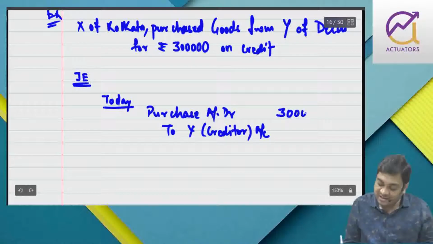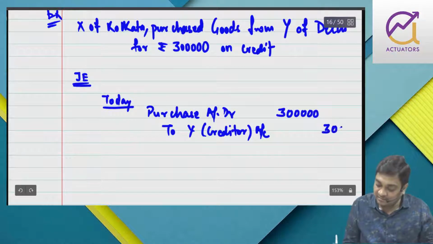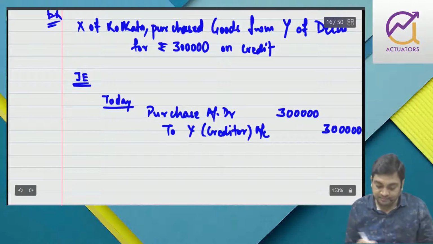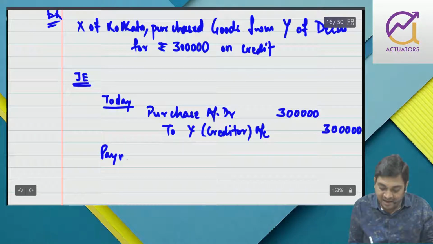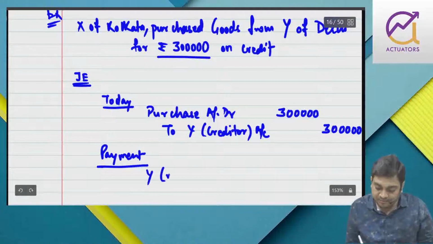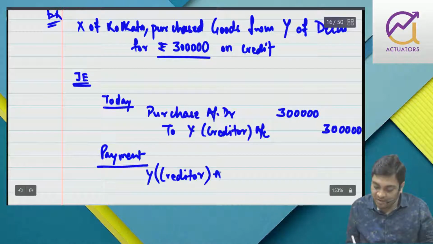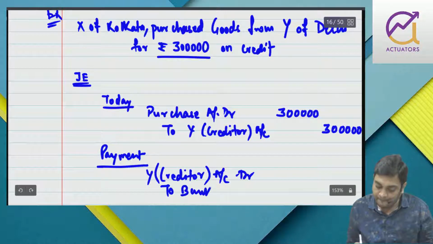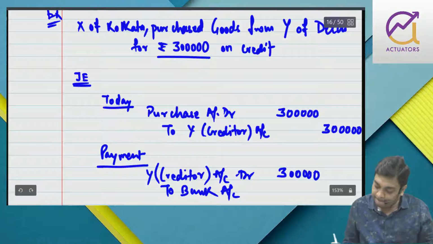The transaction is denominated in the reporting currency in which my business is operating. Now on payment date, I am very sure that I have to pay 3 lakh rupees. So simply Y creditor account debit to bank 3 lakh.